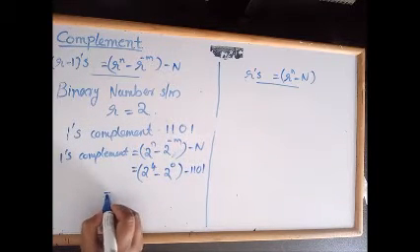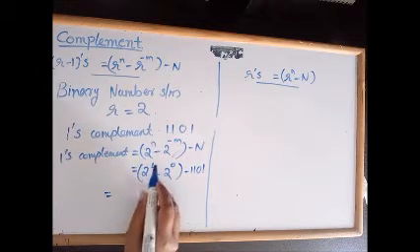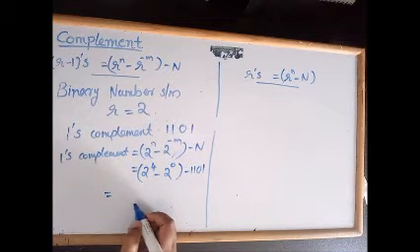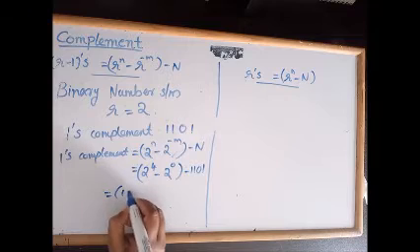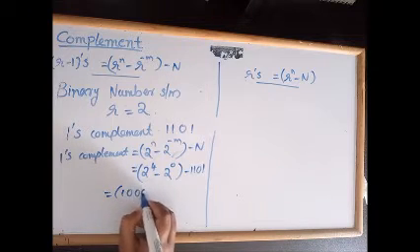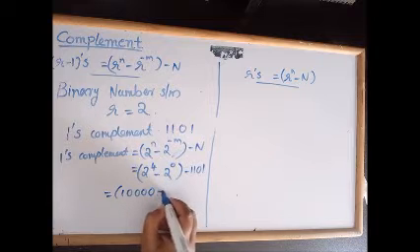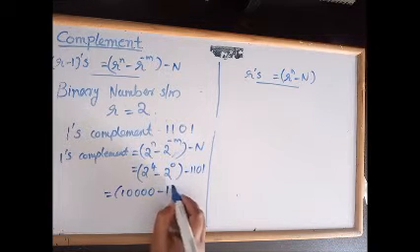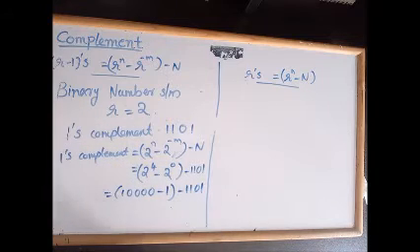That is equal to, what is 2 raised to 4? 2 raised to 4 means in binary it is 10000, 1 and 4 zeros. And what is 2 raised to 0? 2 raised to 0 is 1, minus 1101. Right.